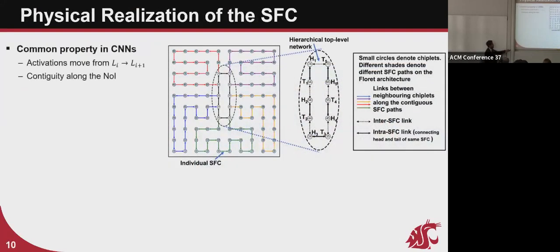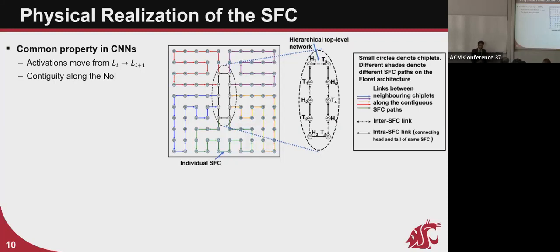Here you can see that we have a hierarchical top-level network, and there are multiple SFCs of different colors, from purple, red, and so on. We have links between neighboring chiplets along this contiguous SFC path. Then we have inter-SFC links, which we call the top-level network, and then we have intra-SFC links. In accelerating data center scale inference of CNNs, we have one common property: no matter what, the activations go from Li to Li plus 1.